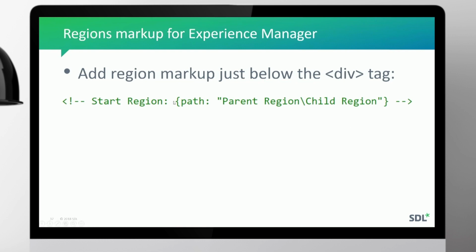Previously it had a title property and optional things like min occurs, max occurs, some notion of constraints. For a new region, the only required property is a path. So path is a fully qualified name. Here I have an example with white spaces, so it can actually contain whatever you need.